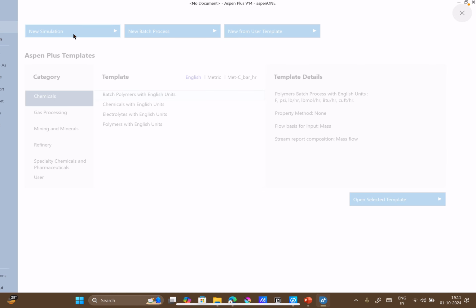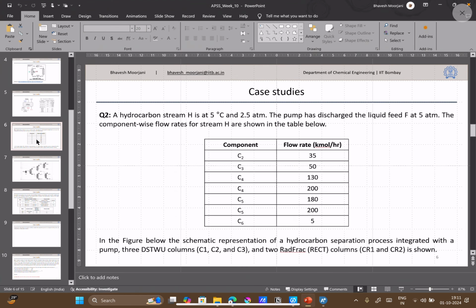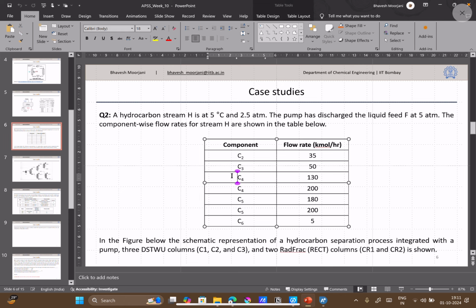So we have C2 to C6 mixture. Okay. Oh, here I forgot to provide the details. So this should be, let me just check, this should be isobutane, N-butane, isopentane, and N-pentane.